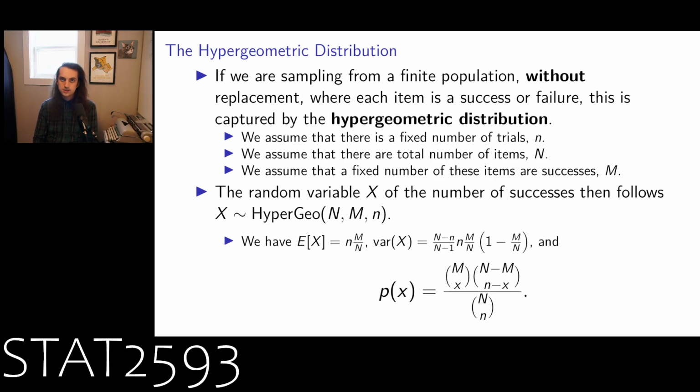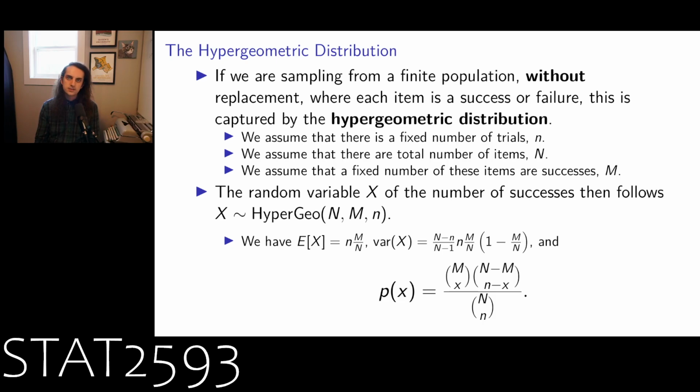The expected value is going to be little n times the proportion of successes, m over N. This looks a lot like the binomial distribution in a way. If you think about the probability of success on the first draw, that's going to be m divided by N. If you take m over N to be p, then this is still n times p.